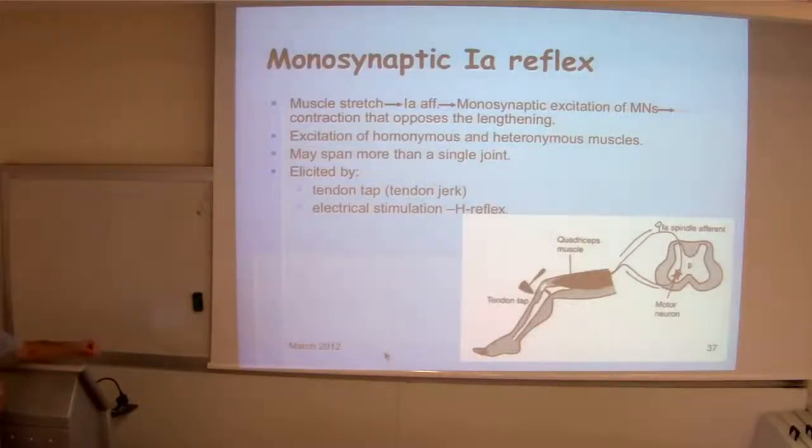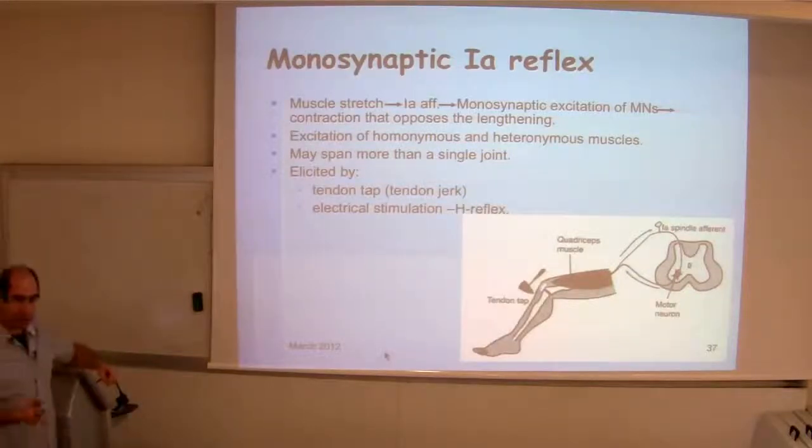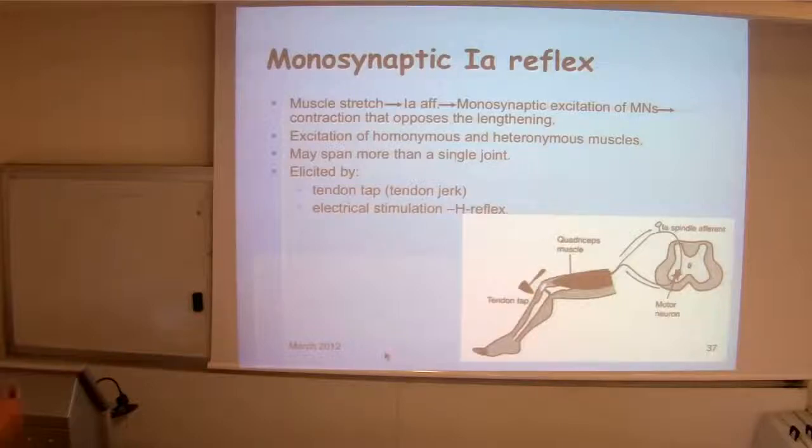You get an EPSP from each one of them, and then you activate them together and see if you actually get the linear sum of the two. And the result was that you can actually get a sublinear sum. They don't summate linearly, and you know that because of the reversal potential and stuff like that. But it's less relevant here. This will take us in a second to where we started.